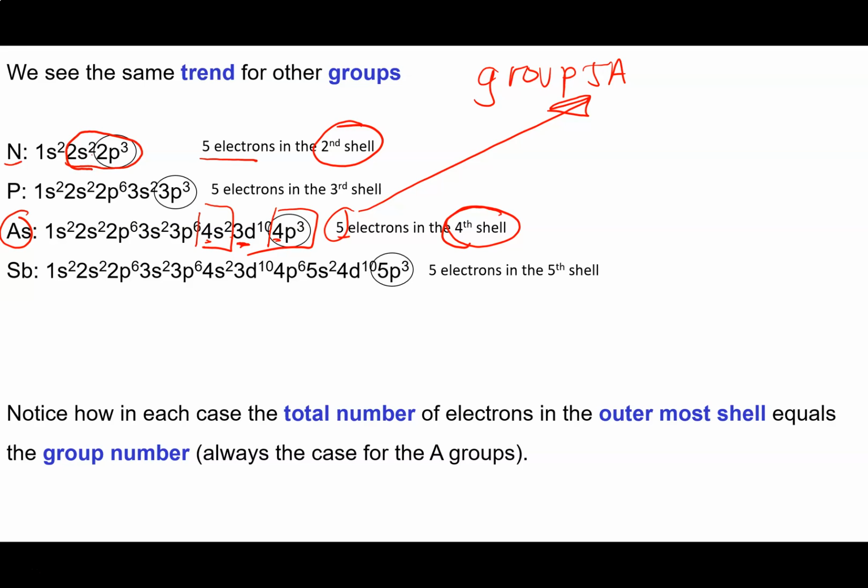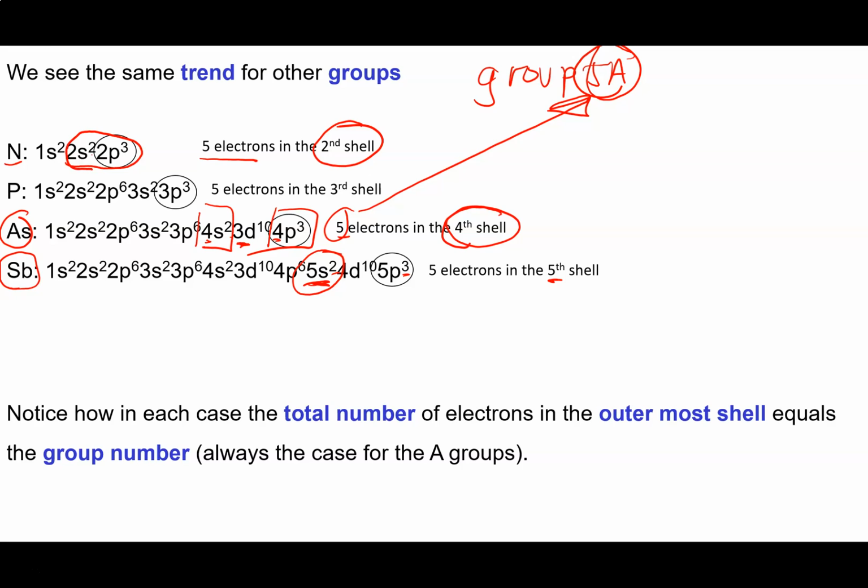Okay, so here we have this again. Here we've got antimony. What you don't want to do is forget that there are these 5s2 electrons in that fifth shell there. So antimony is in period 5. Its outermost shell is the fifth shell. It has 5 electrons in that fifth shell, and it is in group 5A.